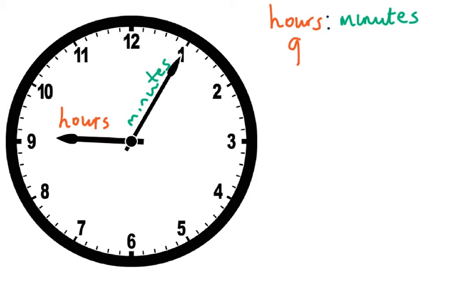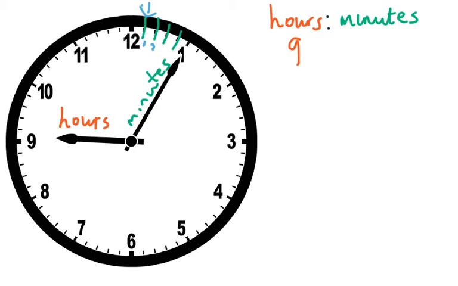Now let's move to the minutes. The minute hand is longer than the hour hand, and the minutes use these marks here on the clock. If our minute hand was pointing to this one here, it would be 1 minute past 9.